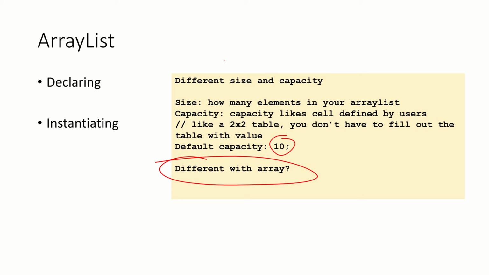If you want to extend, you have to find another array with a new size, then copy the original values to the new array, right? But for the array list, it's not like that because we only define the capacity. This capacity doesn't mean they already fill values into there. Which means it's easy, you can extend or you can shrink.